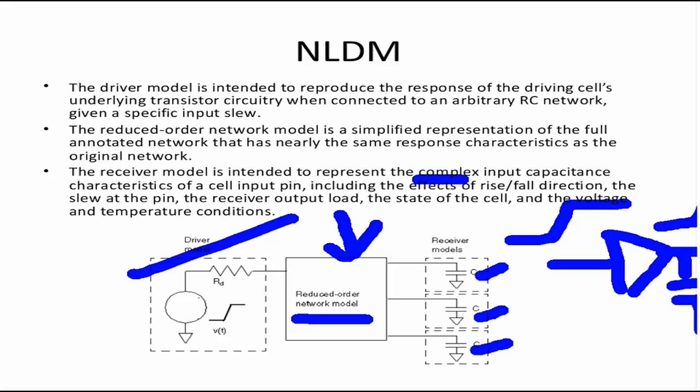So any parasitic network that comes from SPEF will get reduced to a very simple circuit, which PrimeTime will use to calculate delay. So please spend some time reading this and understanding how PrimeTime reduces a network and represents it as a driver model, a reduced order network model, and a receiver model.